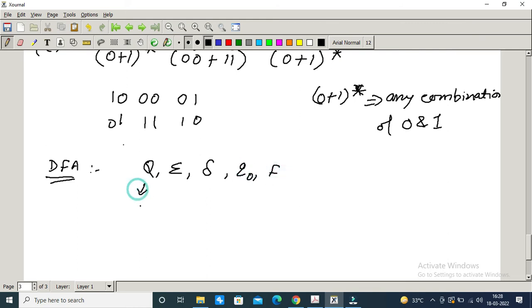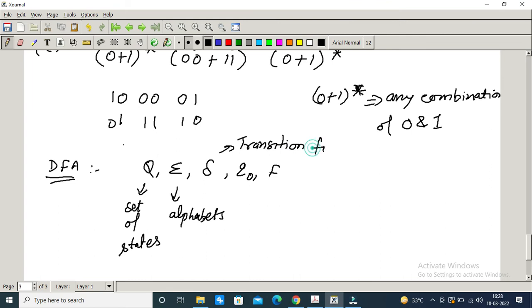Where Q is the set of states, sigma is your alphabet, delta is your transition function, q naught is your starting state, and F is your set of final states.